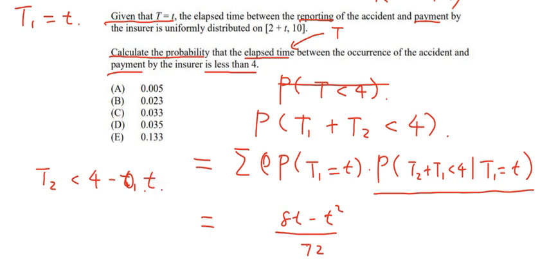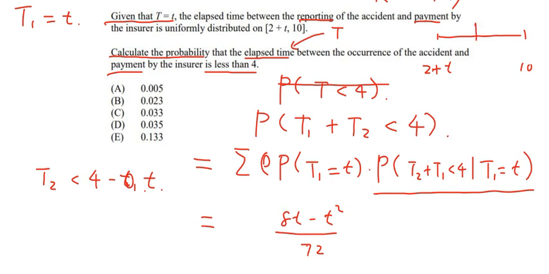So T2, reporting to payment, follows a uniform distribution between 2 plus t and 10, right? So what is the probability T2 is less than 4 minus t?